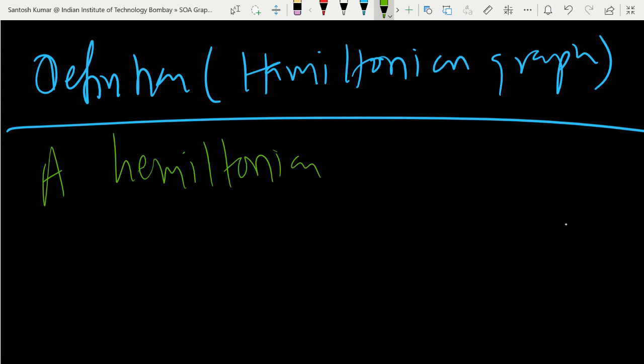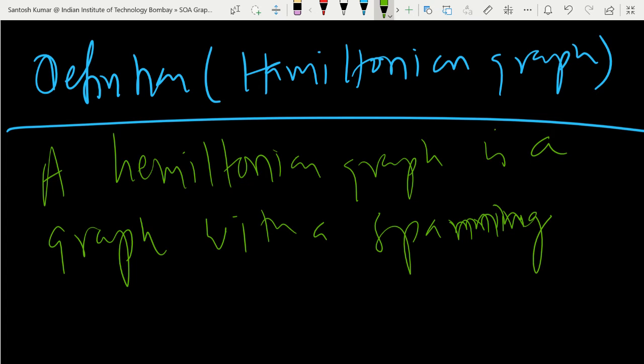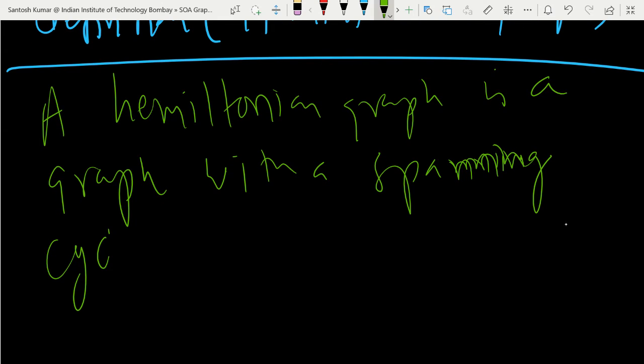A Hamiltonian graph is a graph with a spanning cycle. Spanning cycle means a cycle containing all the vertices. So a graph which contains a spanning cycle.